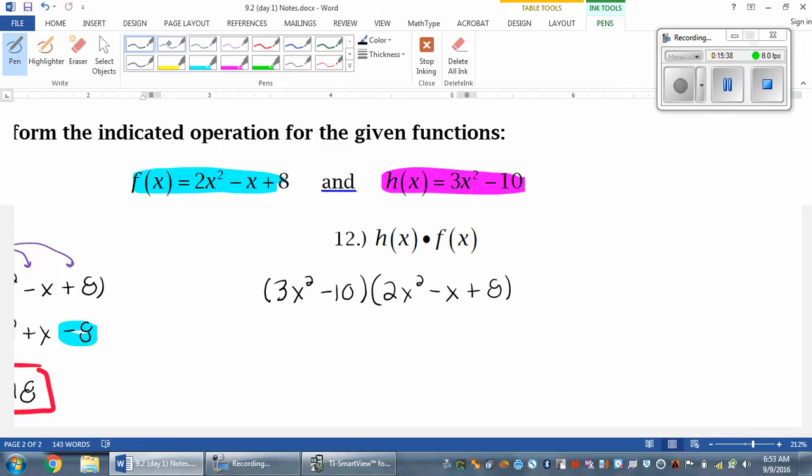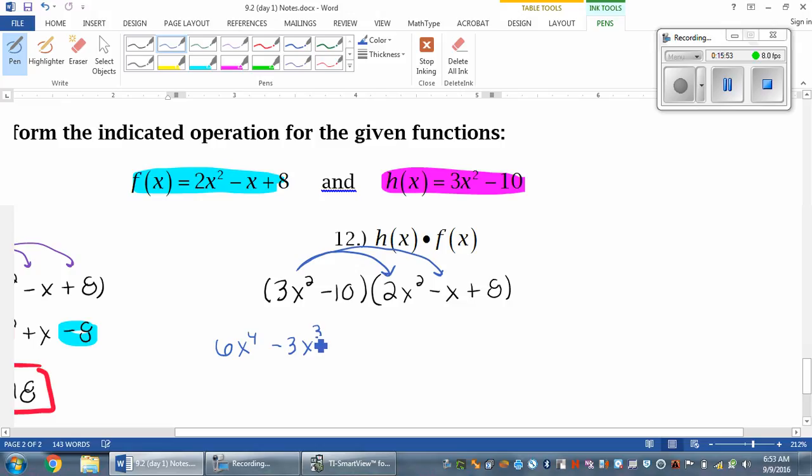So here, we're going to distribute starting with the 3x squared. 3x squared times 2x squared is 6x to the fourth. Remember, we add the exponents. 3x squared times negative x is negative 3x. Again, cubed, we add the exponents. 3x squared times 8 is positive 24x squared.